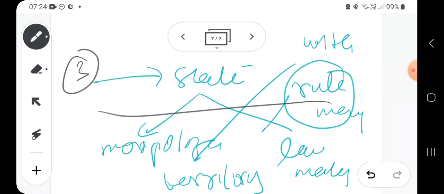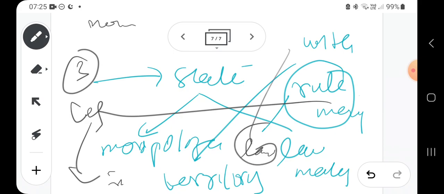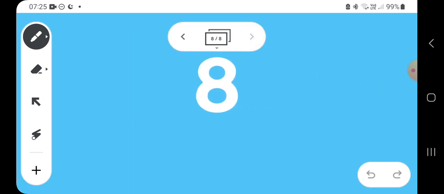Rule making can be actual, like legal rules, but it can also be other sort of rules and norms, etc. So without law, there can't be any state, because without law, you won't have means of violence and coercion.